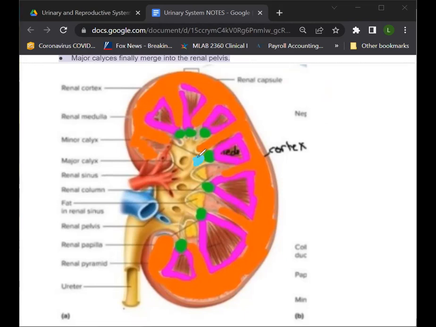So this aqua, light blue here, here, here, these are minor calyces, catching the urine that's coming out from each of these pyramids. And then several of the minor calyces will merge and form a major calyce, which is in this dark blue.